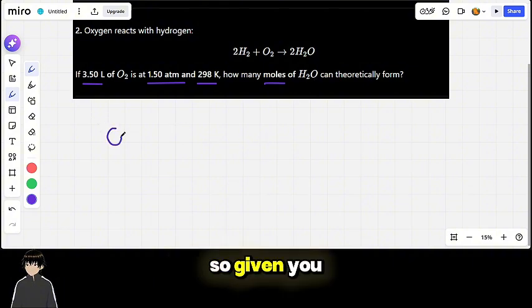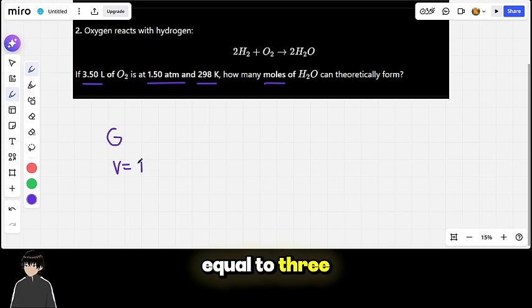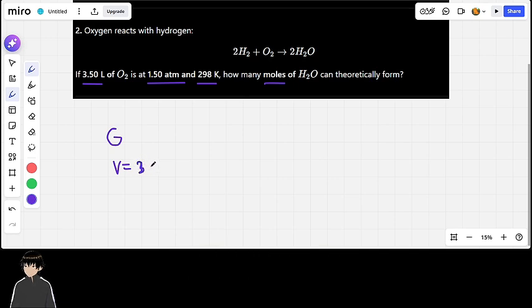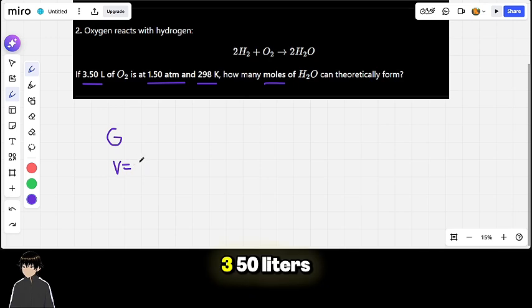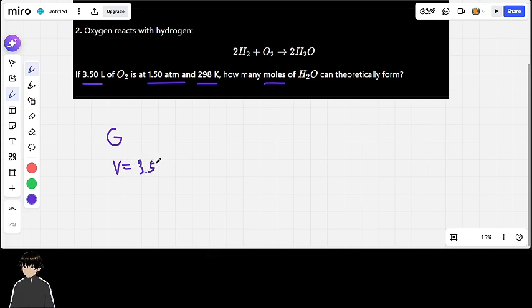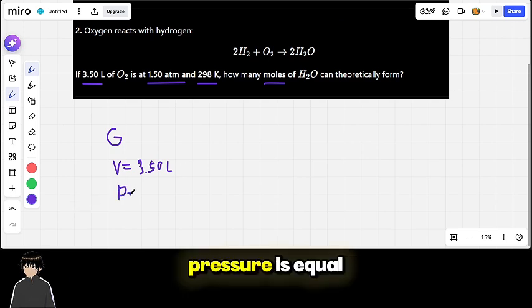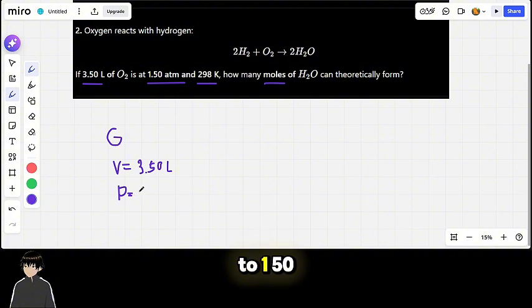So given you have volume is equal to 3.50 liters of oxygen. Pressure is equal to 1.50 atmospheres.